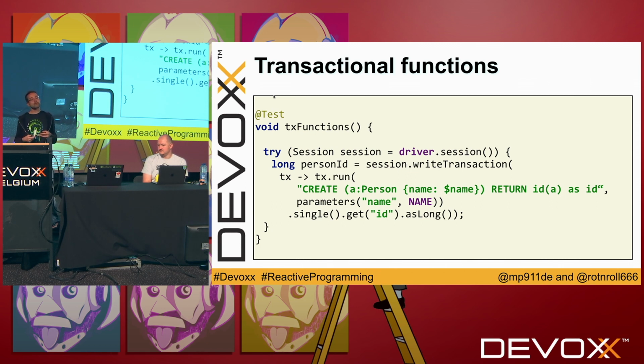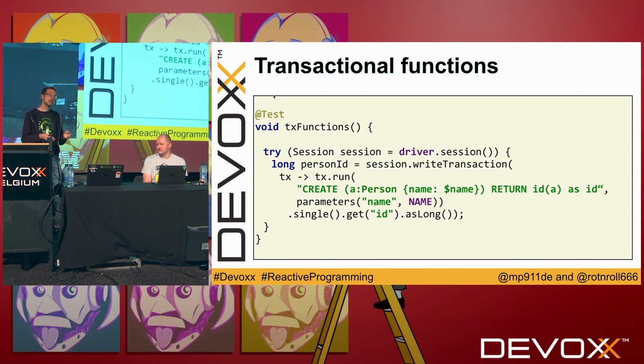The next one is what we call transactional functions. That thing is quite useful if you want to deal with various low-level functionality. At first look, it looks similar to the previous slide. Session is a resource, but here I pass in a lambda, can be a function reference as well, to a method called writeTransaction, and that lambda gets a transaction handler, and on that transaction I can run stuff. The advantage is not just that I now deal with the transaction.